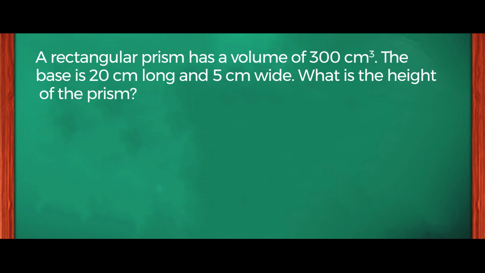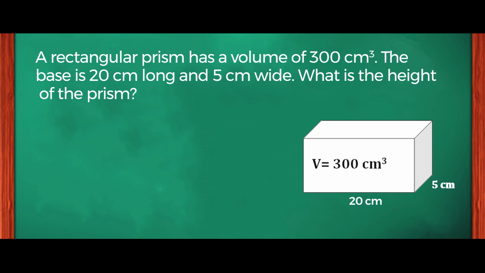Now look at the diagram here. This is a prism and it has a volume that is 300 centimeter cube. It has length 20 centimeter and width 5 centimeter. Now let's work out what the height is. 300 is the volume here, as we have already agreed that volume is equal to length multiplied by width multiplied by height.